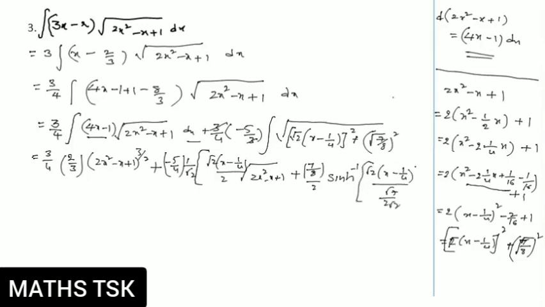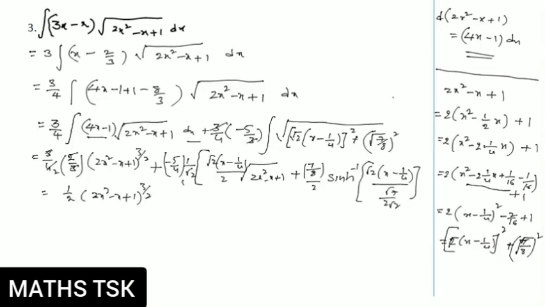Okay, alright. And then the value here, 3 gets cancelled, 2 ones, 2 twos, so I remain with 1 by 2 into 2x square minus x plus 1 whole to the power of 3 by 2. First part is over, simplified.